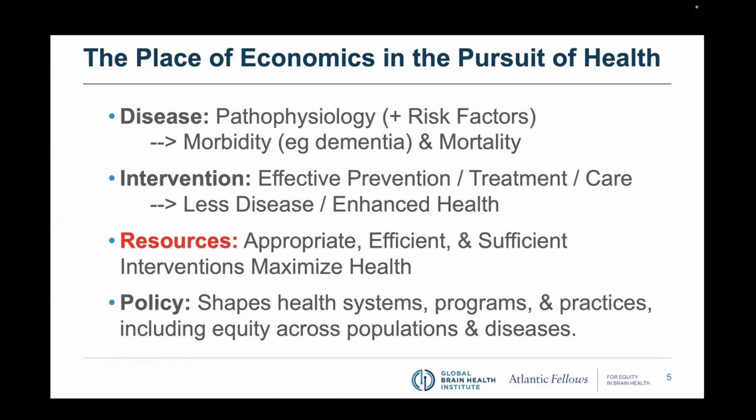Then we can contemplate possible interventions. Effective prevention, treatment, and care can lead to less disease and enhanced health. The resources piece, that's the economics, suggests which interventions are appropriate, efficient, and sufficient to maximize health.